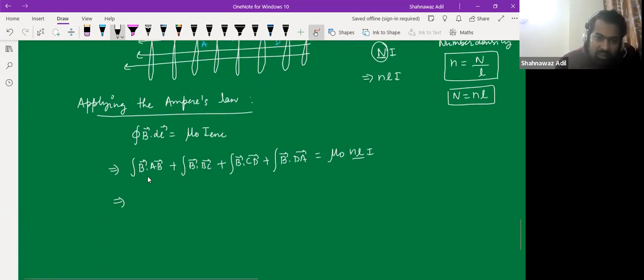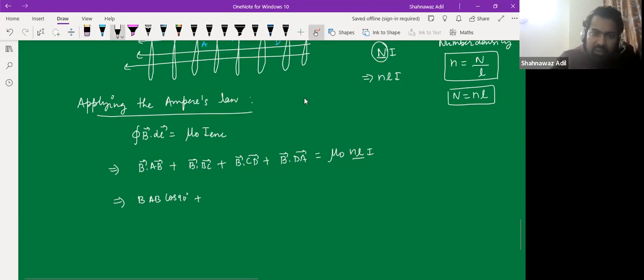So your B dot AB is B times AB times cos 90, which is zero.